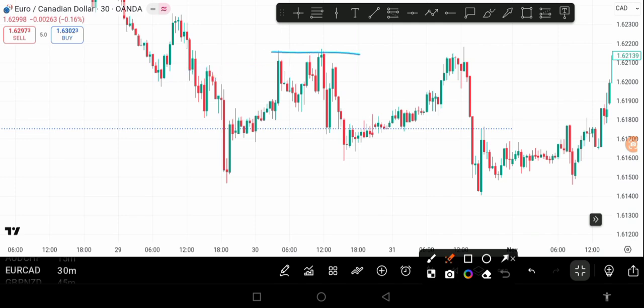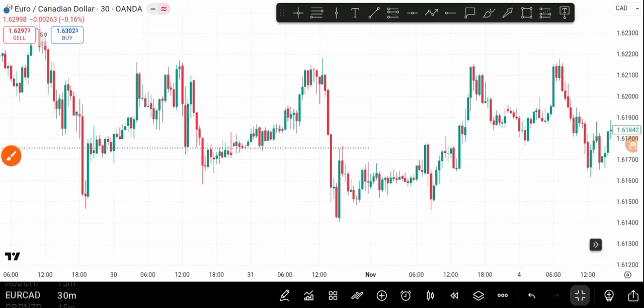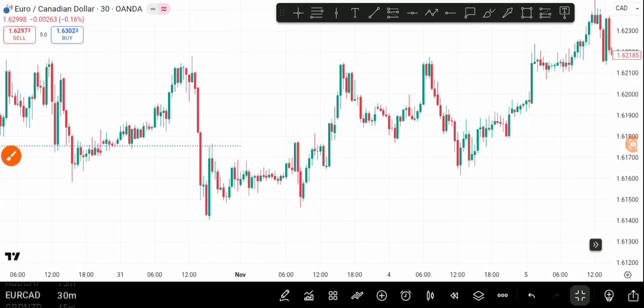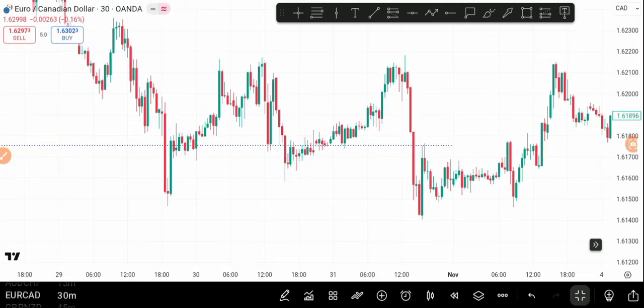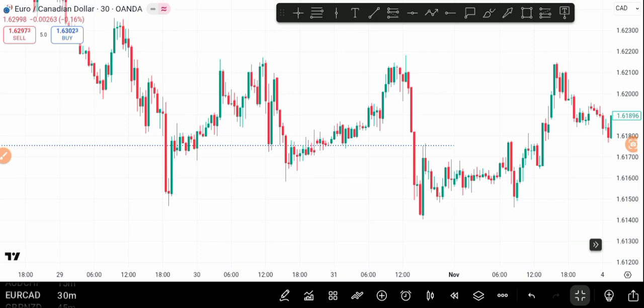It took more liquidity here, and then what did it do? Came back, but never broke structure. It went up to take more liquidity before going down to break this structure, right? I hope you are seeing that. Let me mark that first.